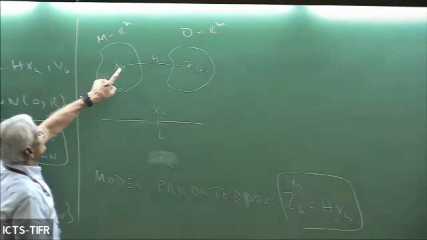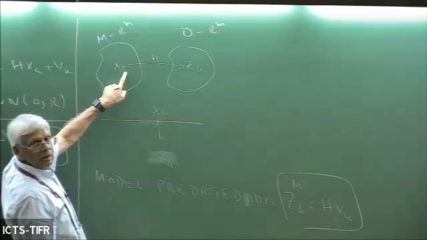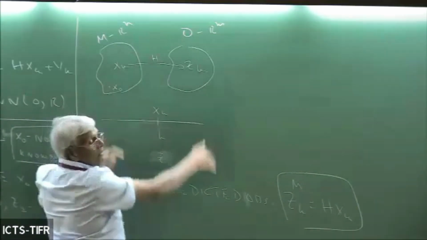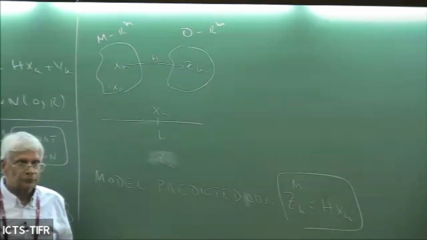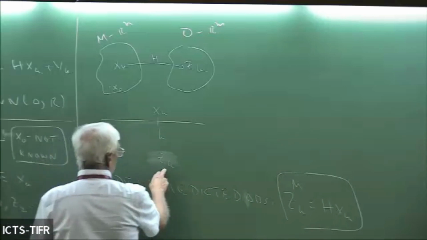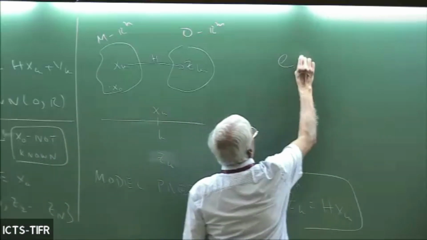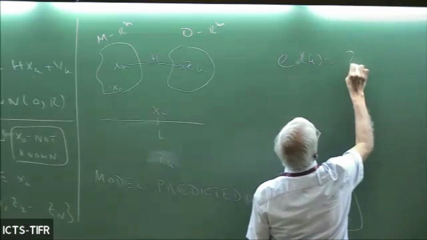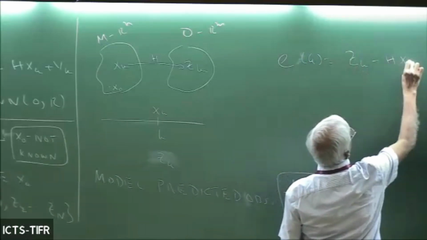So if xk is the state of the model, h converts the state into observation. If I use the model to predict the observation, the model counterpart of the observation is h of xk. The actual observation is zk. So the forecast error, ek, is equal to zk minus h of xk.